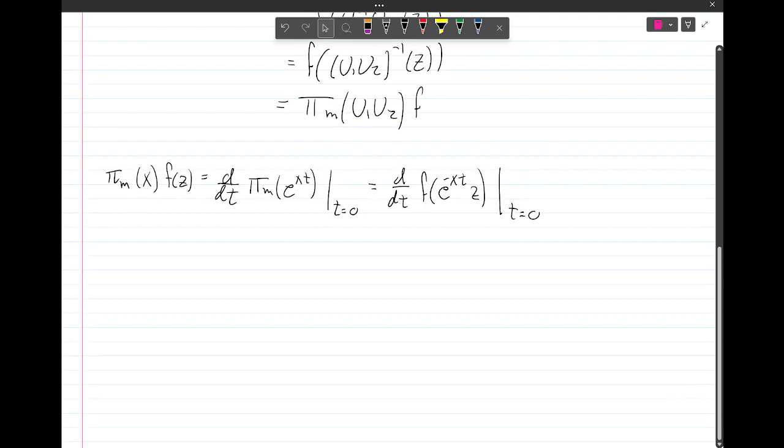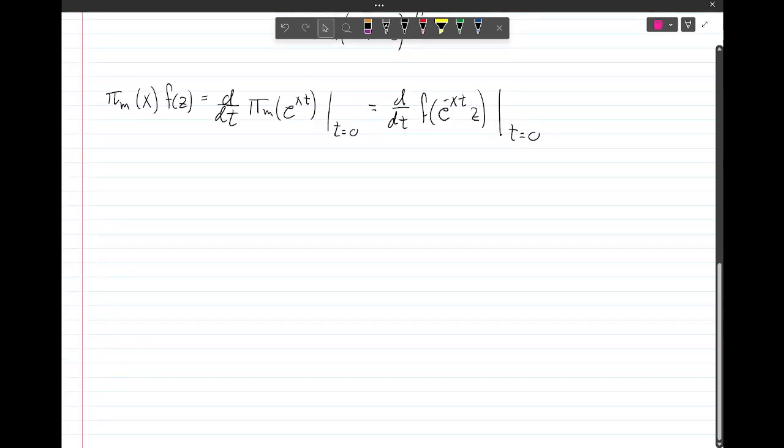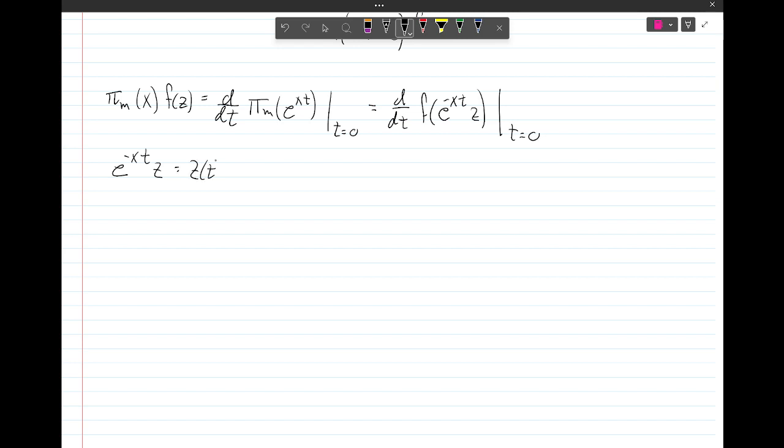Okay, good. So an important step to remember here is, well, we're going to want to apply the chain rule, but what is the function that we're composing with? e to the negative xt times z, which can be viewed as a path in this two-dimensional complex vector space.